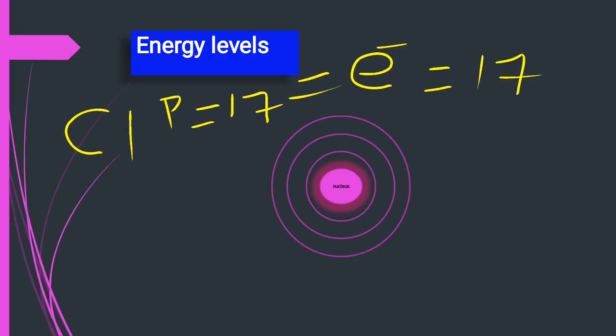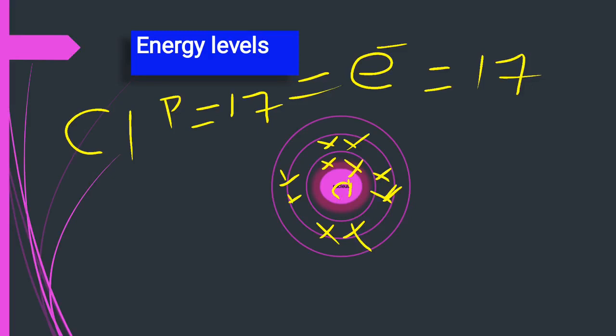So we will need to distribute these 17 electrons in the atom, and in this case it is within the energy levels. As usual, the first energy level will carry a maximum of 2 electrons. Then the second energy level will have a maximum of 8 electrons, because we said that it has an octet. It can only accommodate 8 electrons, and that is it.